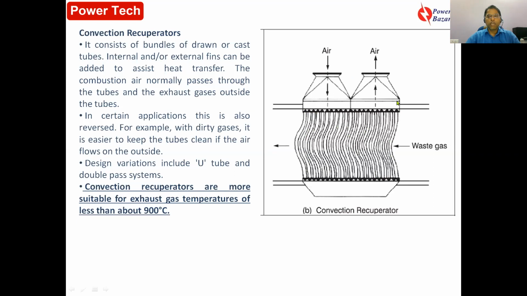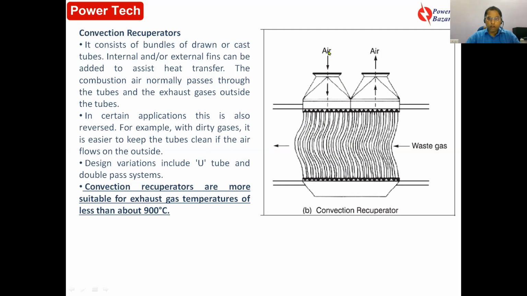Now these tubes are welded together in the air path. So this is my incoming combustion air. It goes like this, and there is a separator here, or it goes like this, comes like this, and goes like this, or sometimes it goes full, then there is a separator here, then it goes out. So any type of design is possible based on the temperature profile and the quality of flue gas.